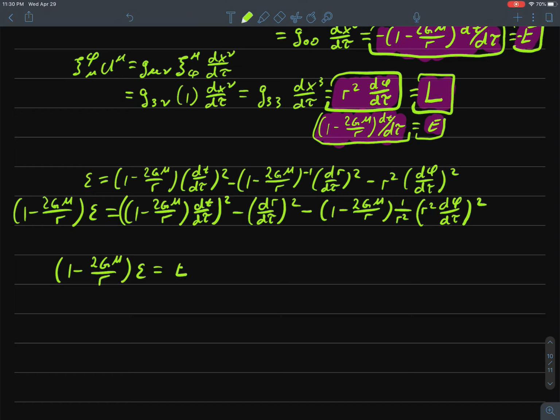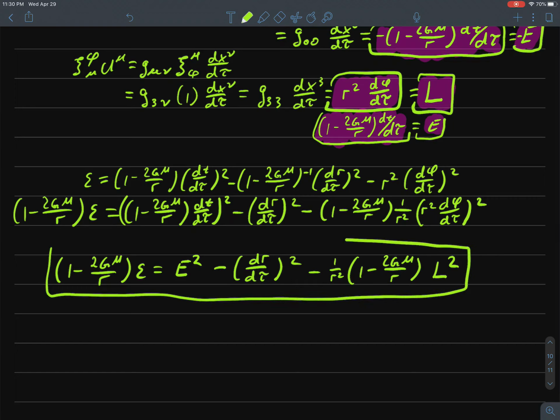So I have E squared minus 1 over r squared, 1 minus 2 GM over r, L squared. Okay, so I'm just going to box this for now because this here is a very good starting point for a lot of other problems, so I want you to keep that in mind.